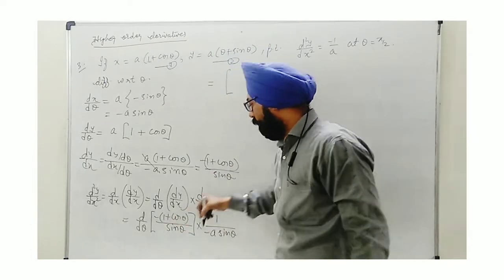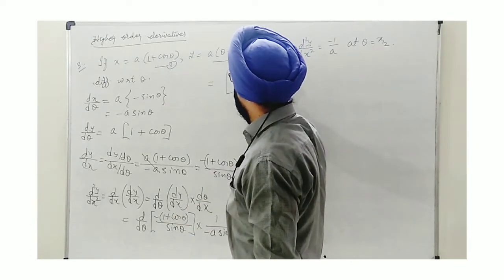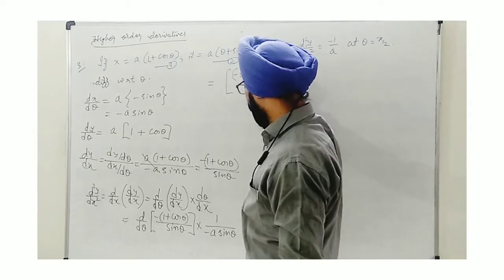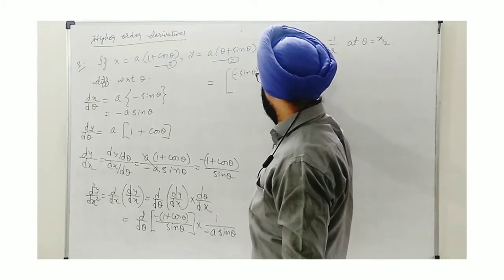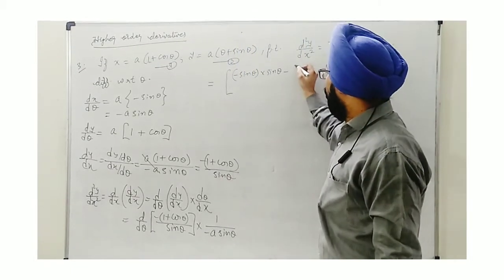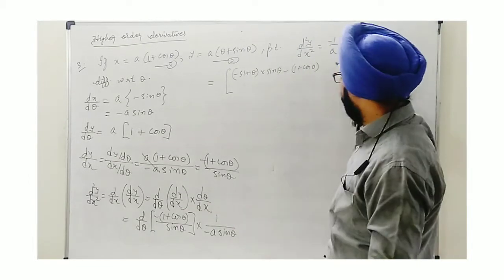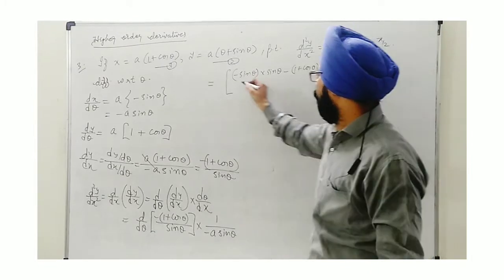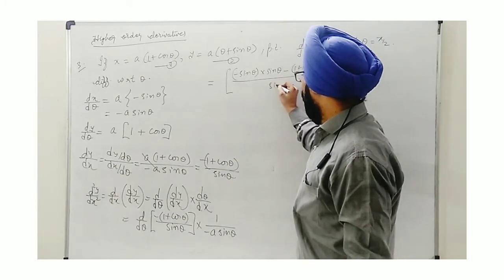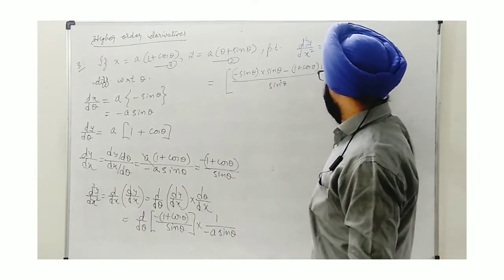1 becomes 0, cos theta gives minus sin theta, into the denominator as it is, minus the numerator 1 + cos theta as it is, and the differentiation of the denominator sin theta being cos theta, upon the square of the denominator.